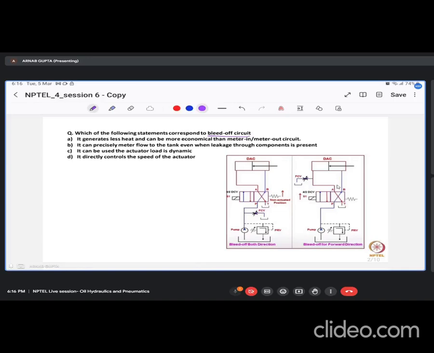So, it is an alternative to the meter in and the meter out circuits. So the question asks which of the following are correct.